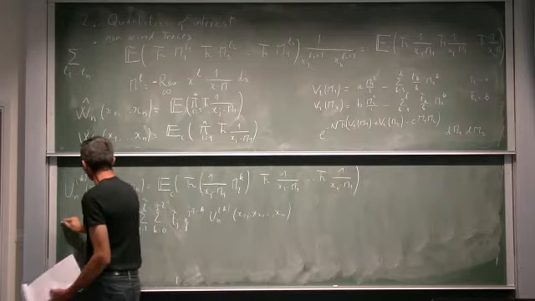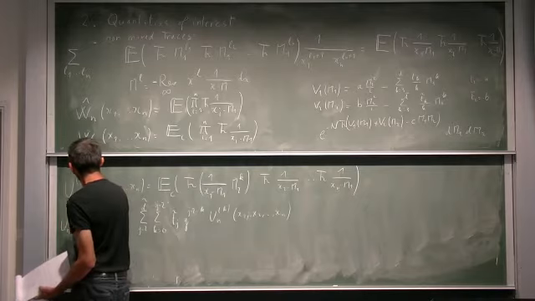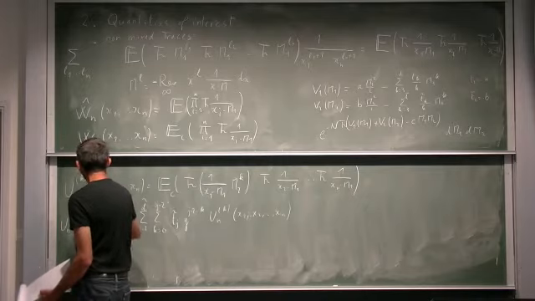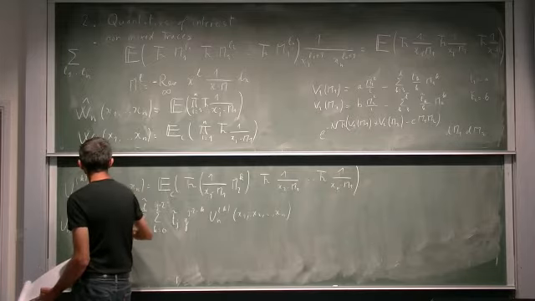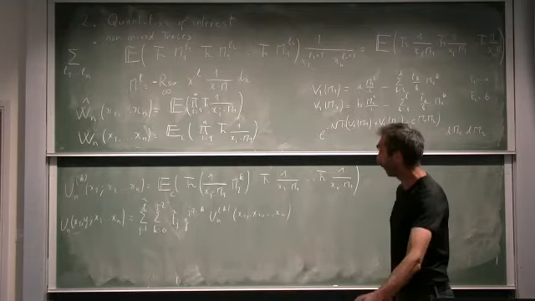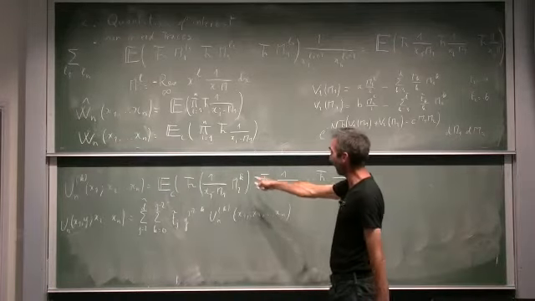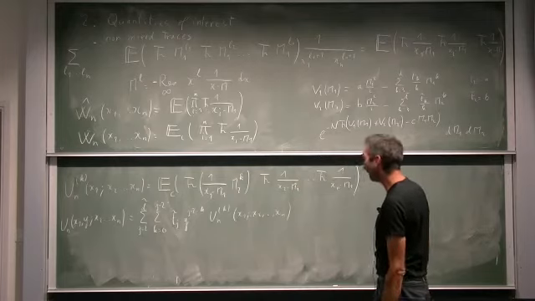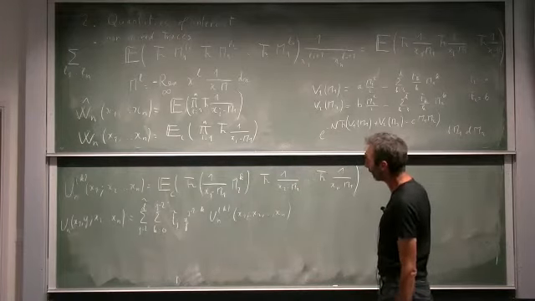And let me call this one U_n of x1, y, x2, ..., xn. Okay. So this contains more or less the same information, but it's a polynomial of y.